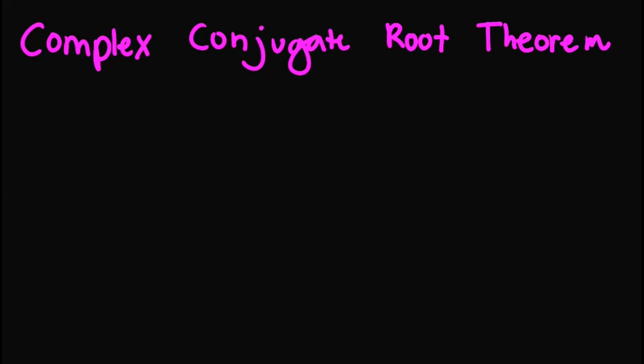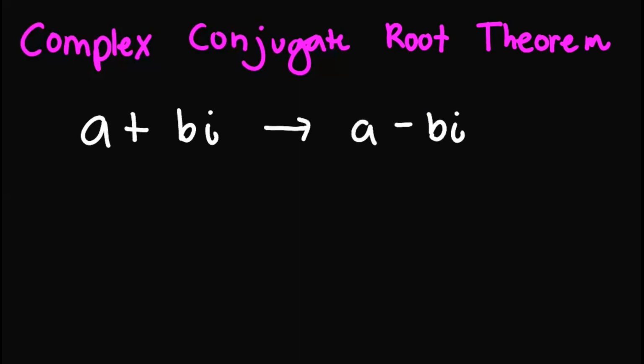So it goes: if we have a polynomial equation and a plus bi is a root of that polynomial equation, then it immediately follows that a minus bi is also a root of that specific equation. And similarly, it goes vice versa.